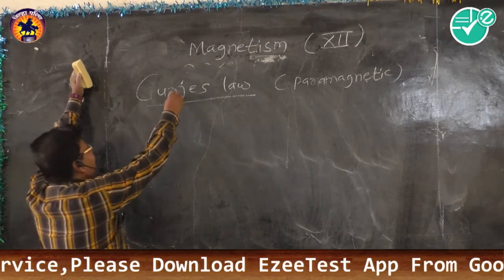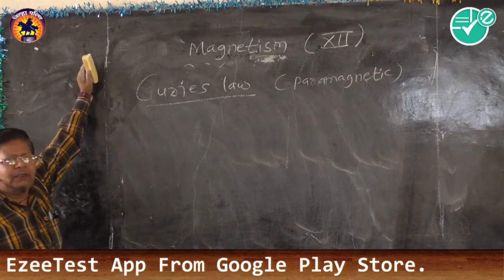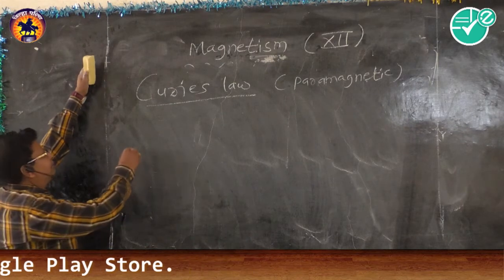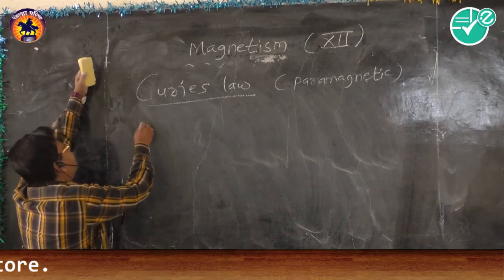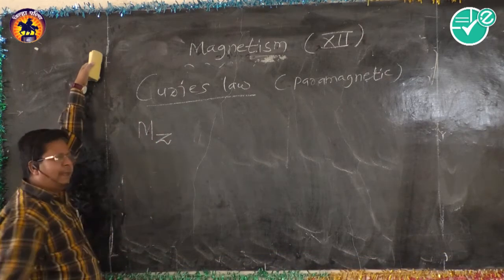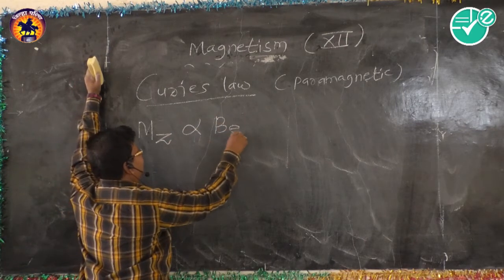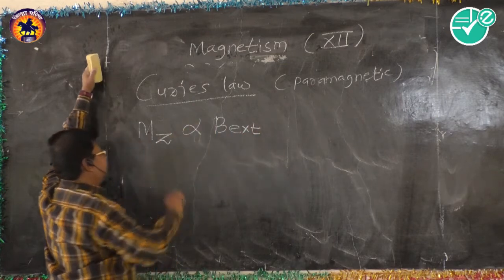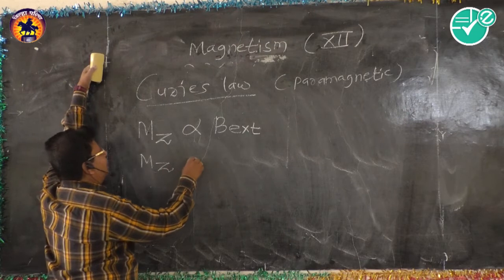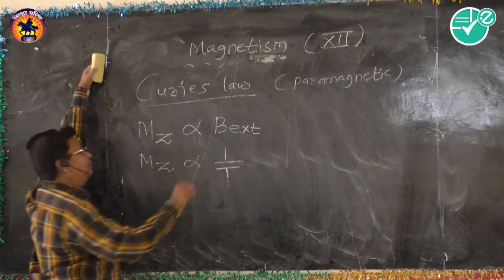For paramagnetic material, the scientist Curie gave the law, and according to this, the intensity of magnetization Mz is directly proportional to the external magnetic field. Again, this intensity of magnetization is inversely proportional to absolute temperature.